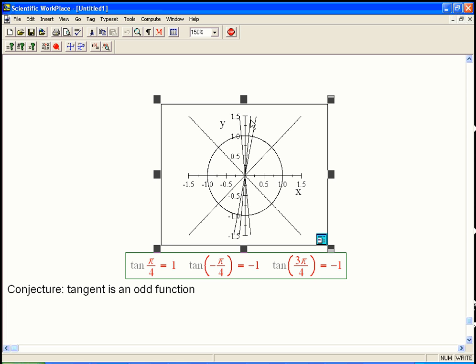So these two lines have negative slopes compared to each other. And if I think about it in terms of their angle, this was achieved by going a certain angle up counterclockwise. This is symmetrically going clockwise. And so it looks like we have the characterization of odd, that if I change the angle to negative, then I change the tangent to negative.